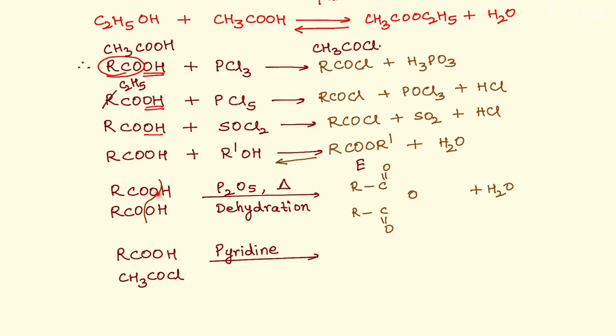To whom does this oxygen belong? Now this oxygen is the connecting link between the carbon of the 2 acids, and we have our product over here. This is formed by dehydration of an acid, hence it is an acid anhydride.